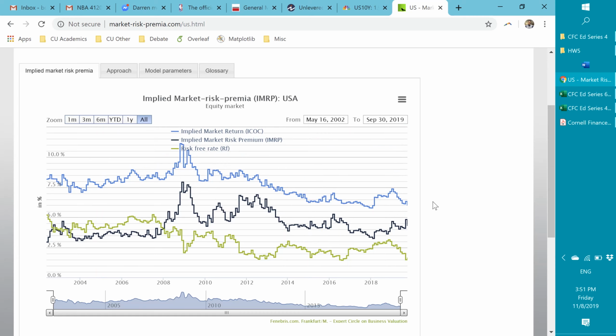So this is where we got 9.8% from. At least this was done a while ago. So then the market risk premium is just the rate of return of the market minus the risk-free rate. So you have this minus that, and you get a market risk premium of 7.89%.